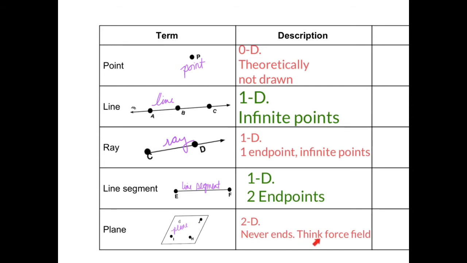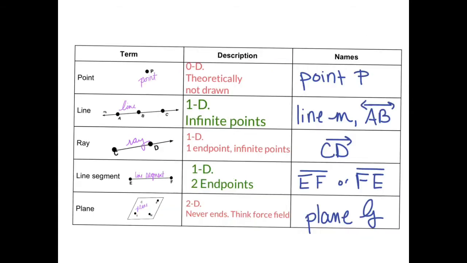I want you to think of a force field. That's what a plane is. It's created using three noncollinear points. So I, H, and J are not connected in any way to create a single line. So together, the three of them create what's called a plane.